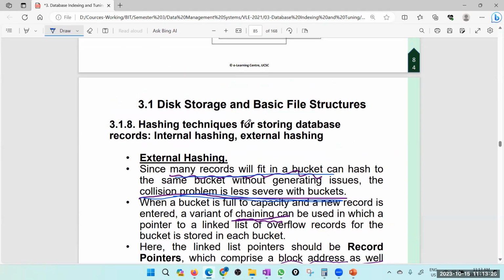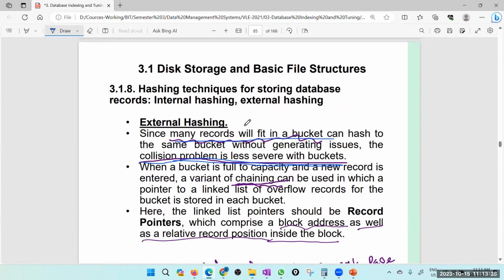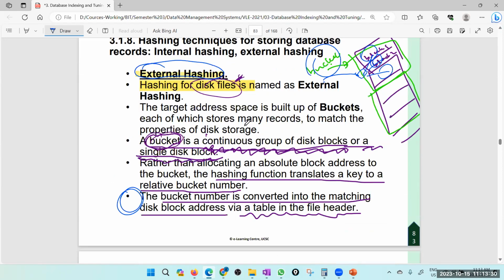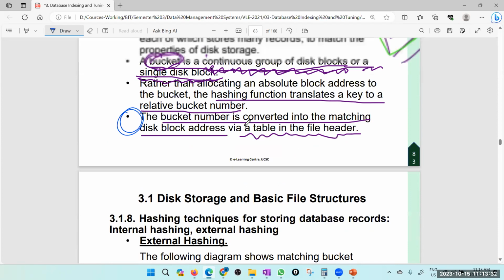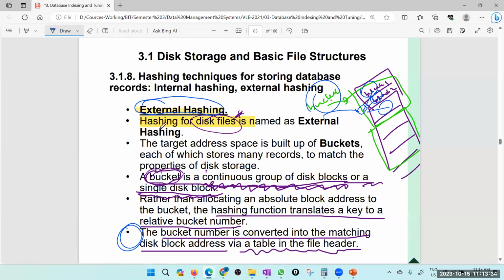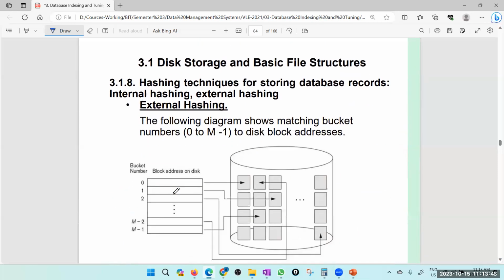A bucket is a continuous group of disk blocks or a single disk block, but usually it's not a single block. Usually it is continuous disk blocks, a set of blocks.